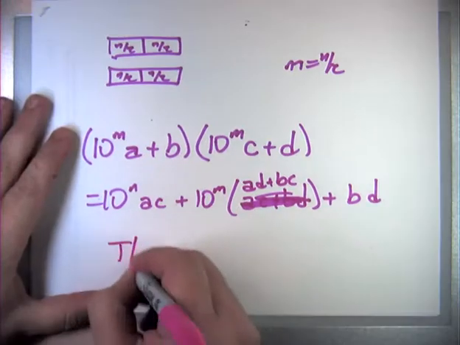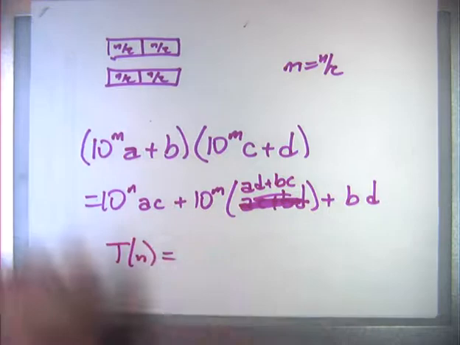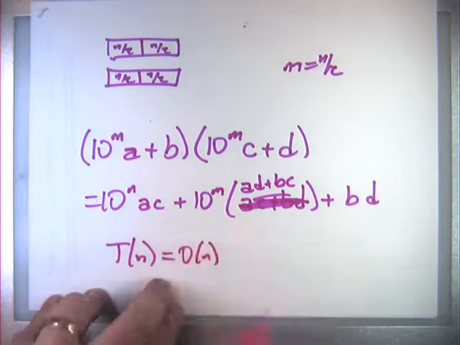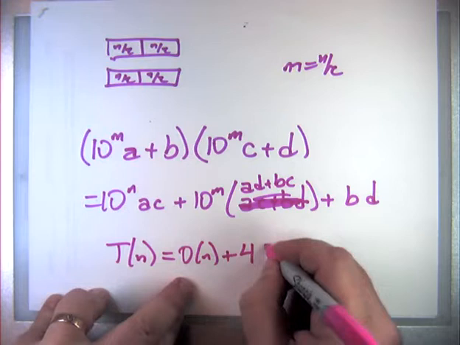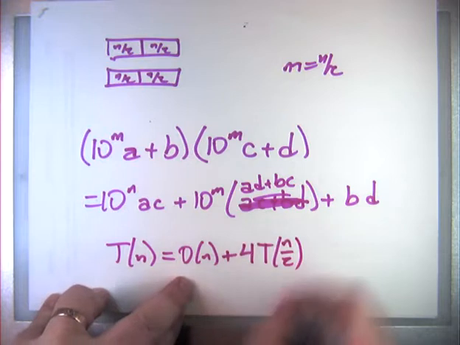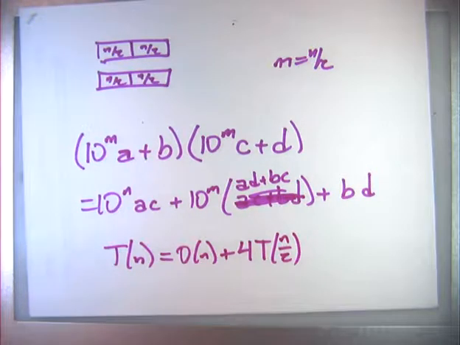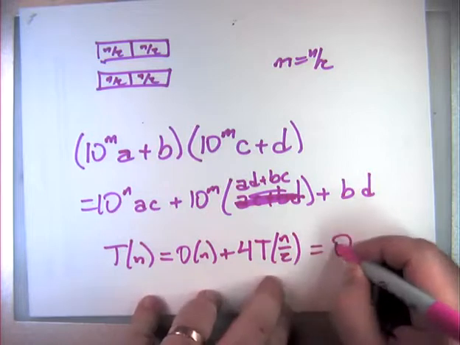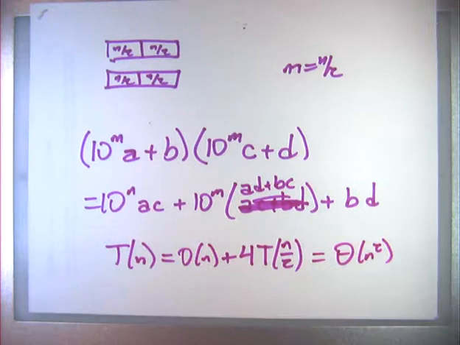And if I do this, then the time to multiply two n-digit numbers is linear time to move the stuff around, and then I have 4 subproblems, each of size n over 2. And so you solve this recurrence using the recursion tree method, and it comes out to be n squared. Which in fact is not too surprising.